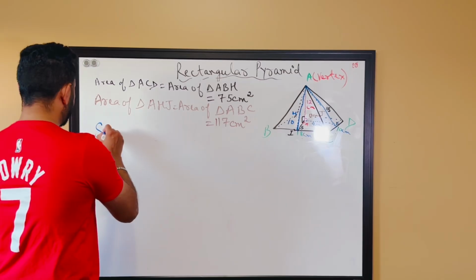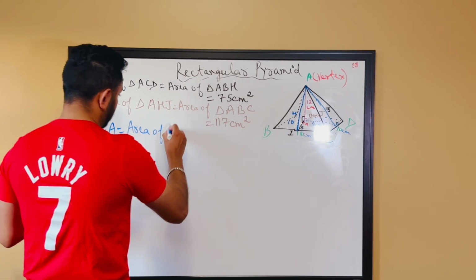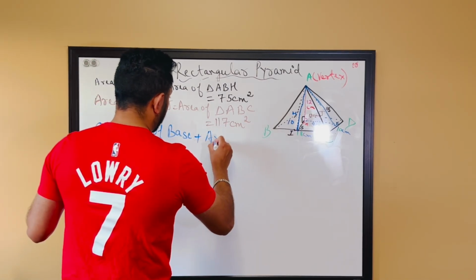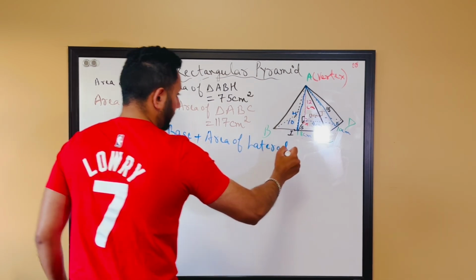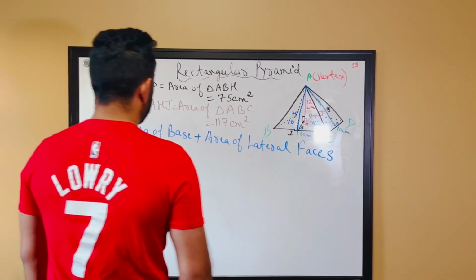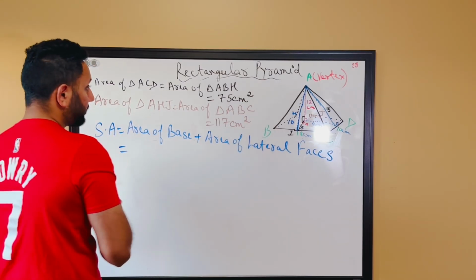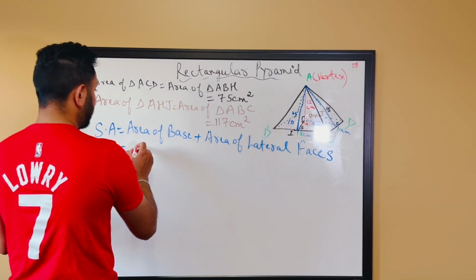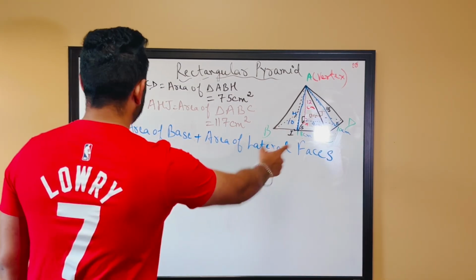The formula of surface area is area of base plus area of lateral faces, and we can also call them adjacent faces. So what is area of base? Length into breadth, which is 18 into 10, plus area of lateral faces.